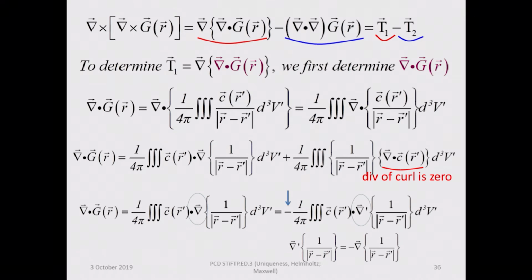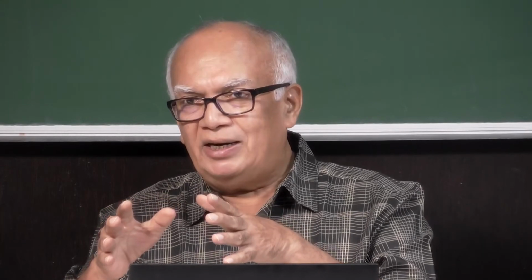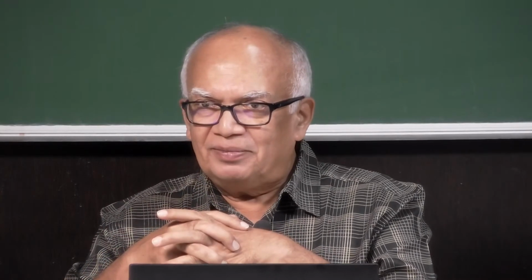But what I can do is I can write this as C dot del prime dot gradient with respect to the source points, because here you have got a minus sign. You have got the modulus of r minus r prime, and r prime are completely symmetrically situated except with respect to the sign.